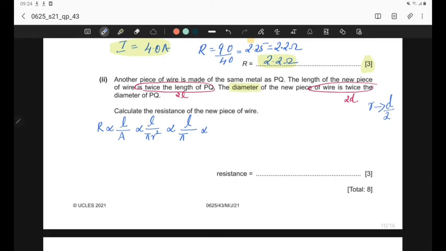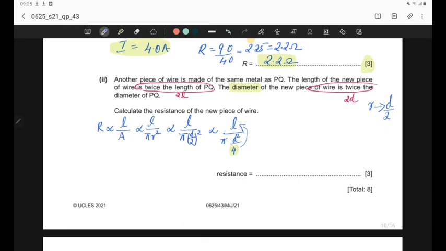So the same relation becomes length over pi times d over 2, all squared. I open the bracket and square this d over 2, so I get d square over 2 square, which is 4. Now I can take this 4 to the numerator.